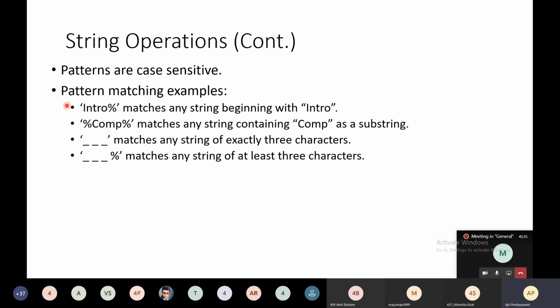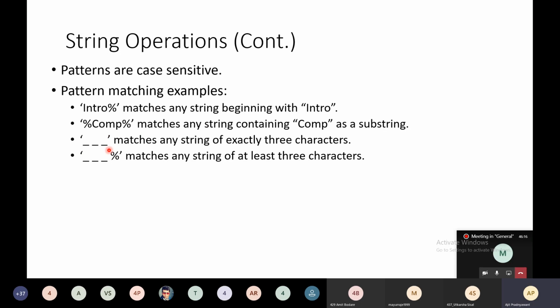So these are the examples of pattern matching. Intro percentage, what does this indicate? It matches any substring beginning with intro. Next is percentage comp percentage. What does it mean? It matches any string containing comp as a substring. Next is, in single quotes, 3 underscores.